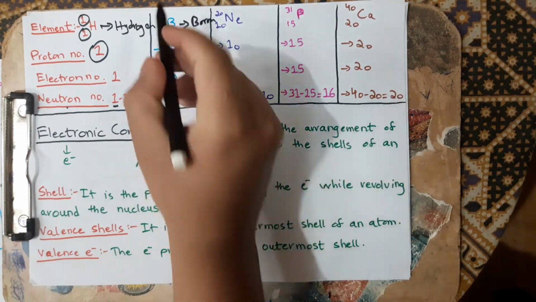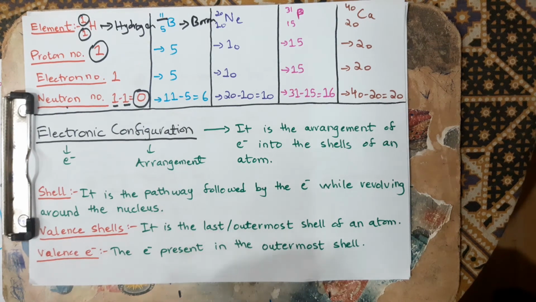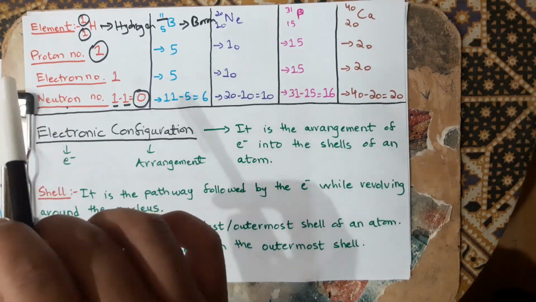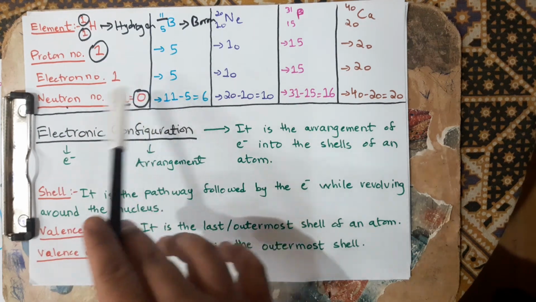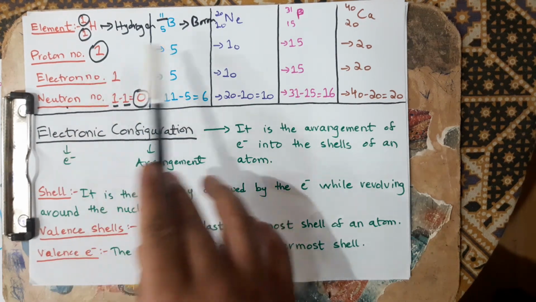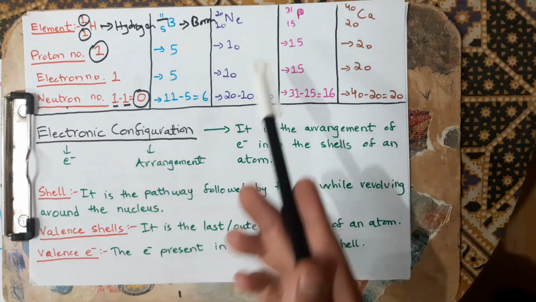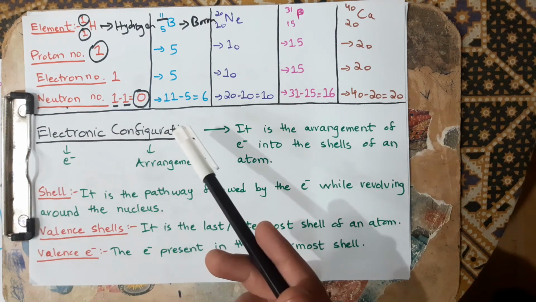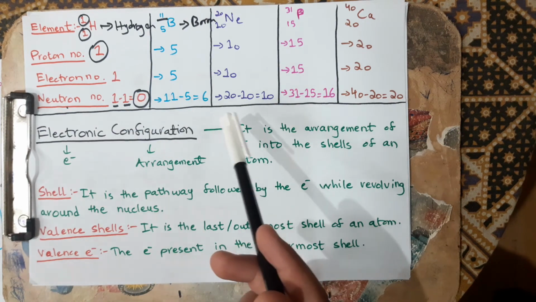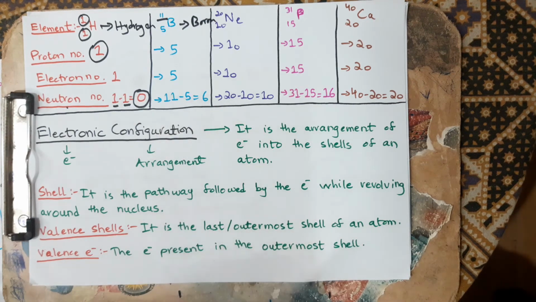Here its mass number is 11, and we know that the mass number is the sum of protons and neutrons. So in order to get only the number of neutrons, we subtract the atomic number from the mass number, and we get the number of neutrons left behind, which comes out to be 11 minus 5 is equal to 6.